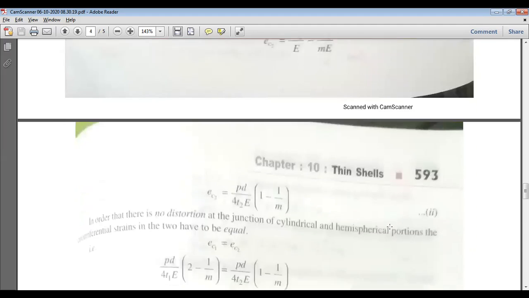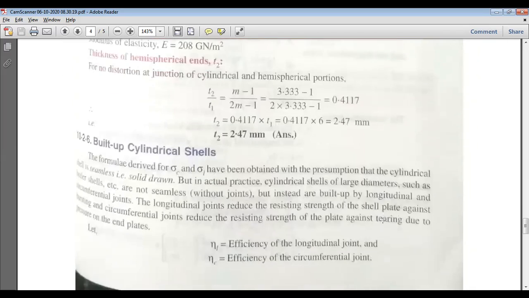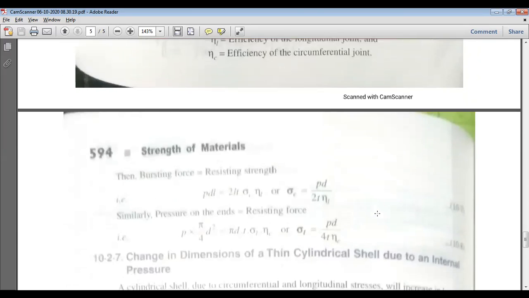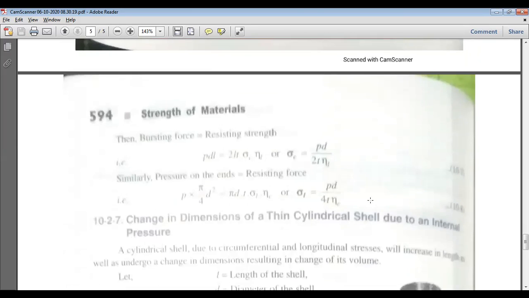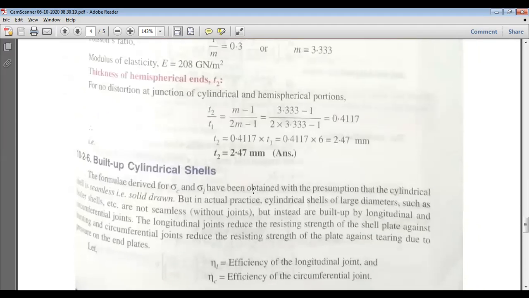This way we can solve our problems, and many problems are there. Once I discuss built up cylindrical shells, we'll be solving problems.